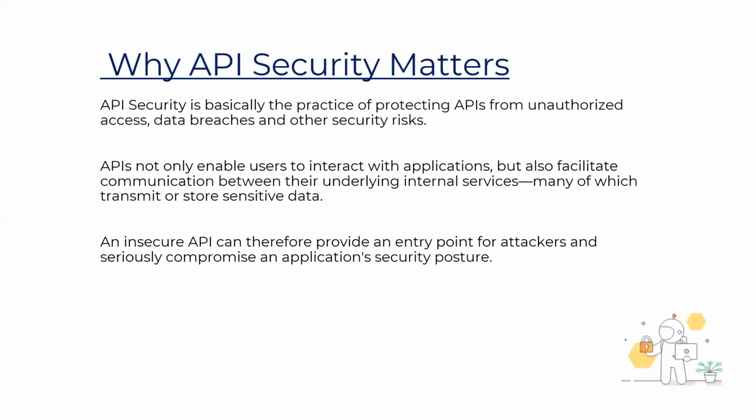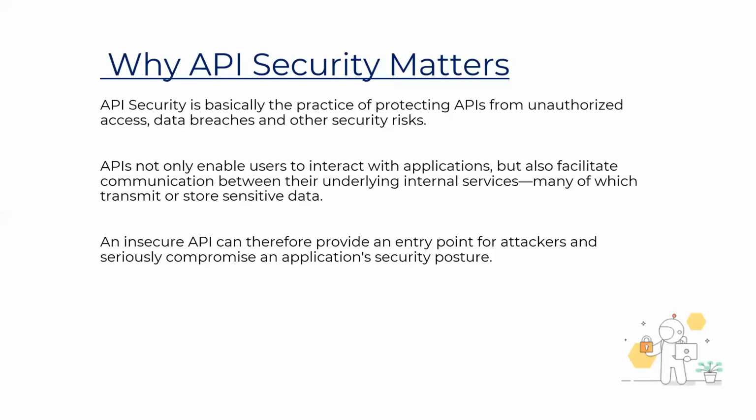So why API security? First of all, what is API security? It's basically the practice of protecting APIs from unauthorized access, data breaches, and security risks. Because of how sensitive an API is, when it is embedded into a product or used to build a product, it houses a lot of information.